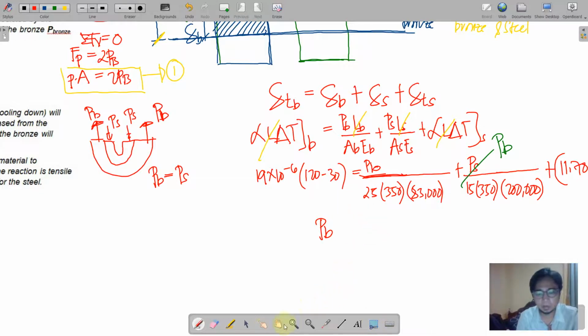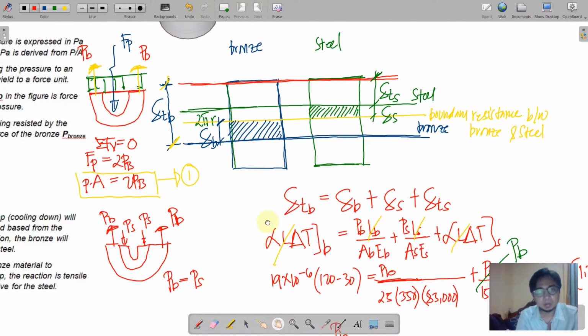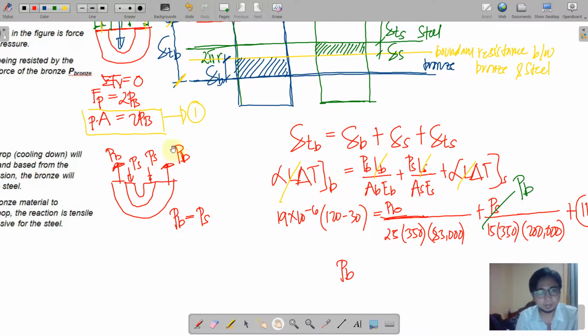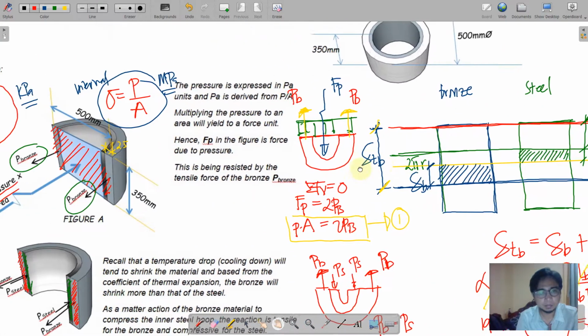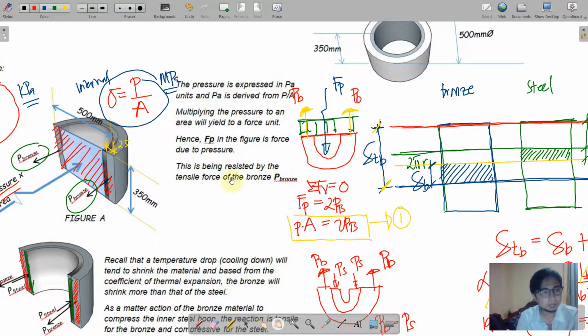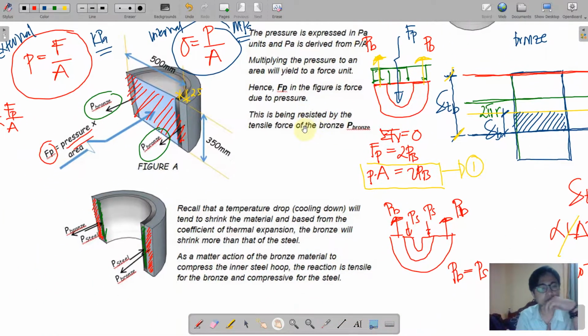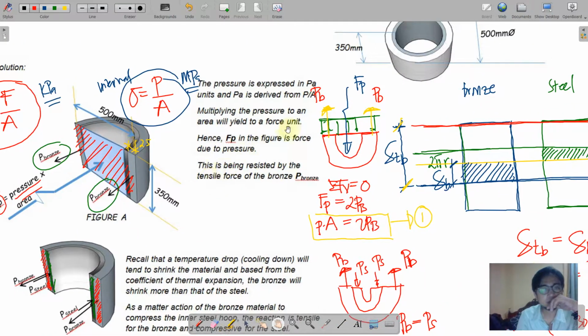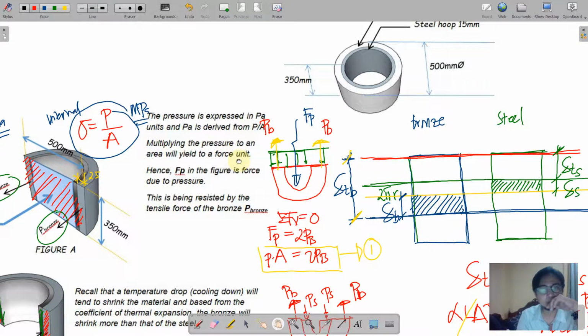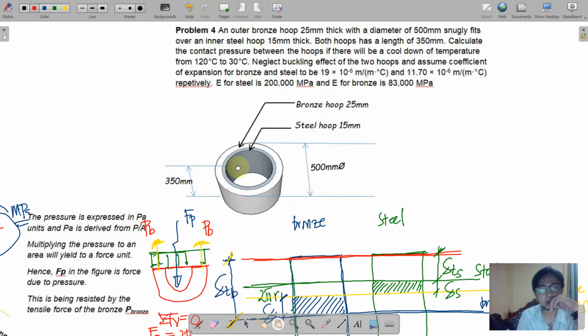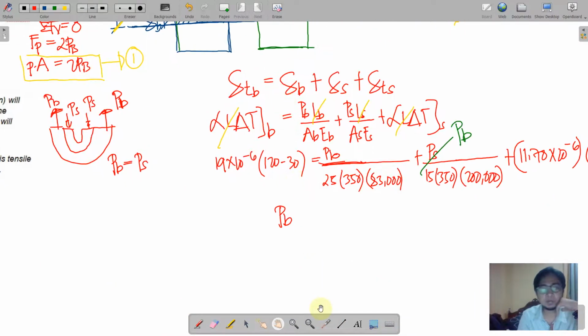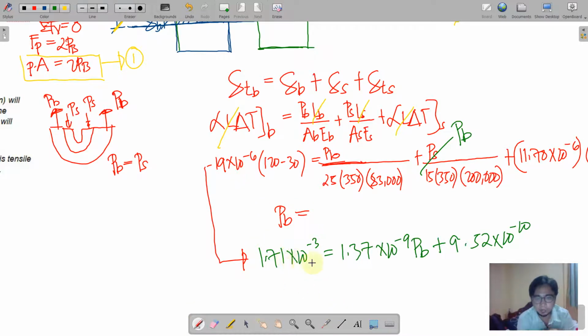Okay, so solving for P of bronze, we have here the simplification.